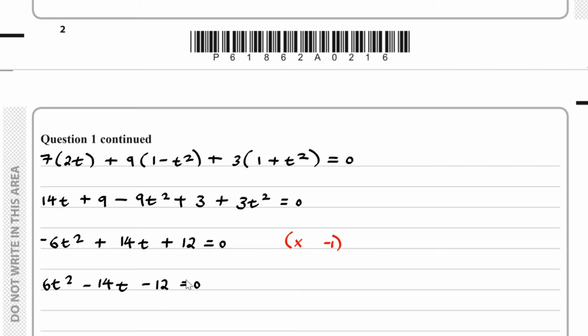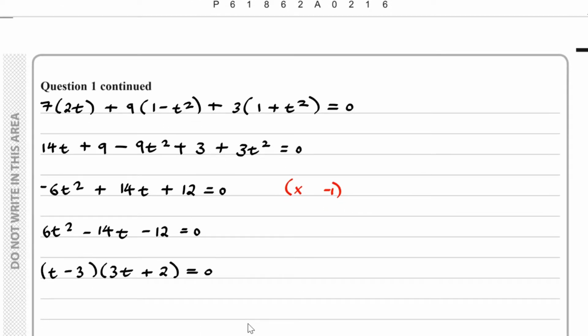Now, with this quadratic equation, there are various different ways to solve it. You can complete the square, you can use the quadratic formula, or you can factorize. Factorizing this, we have t minus 3 lots of 3t plus 2 equals 0.